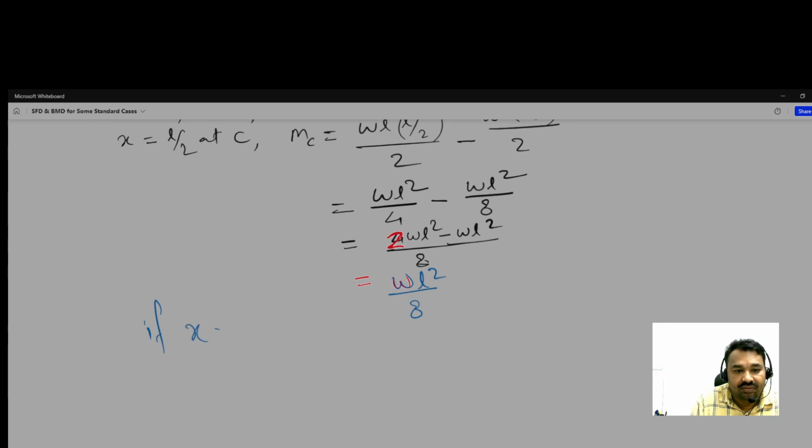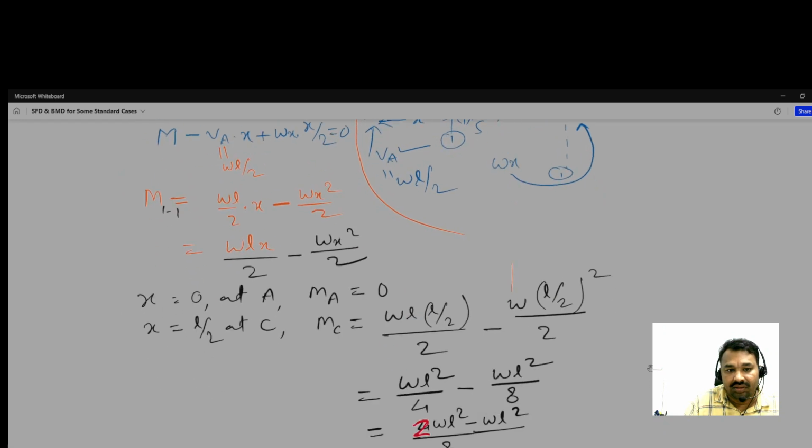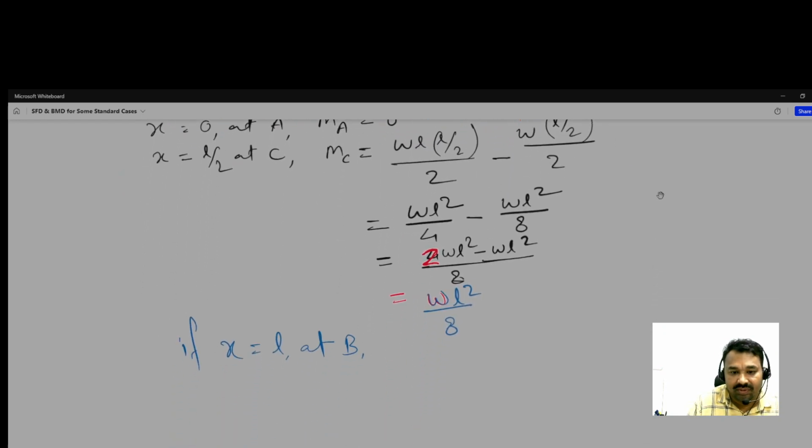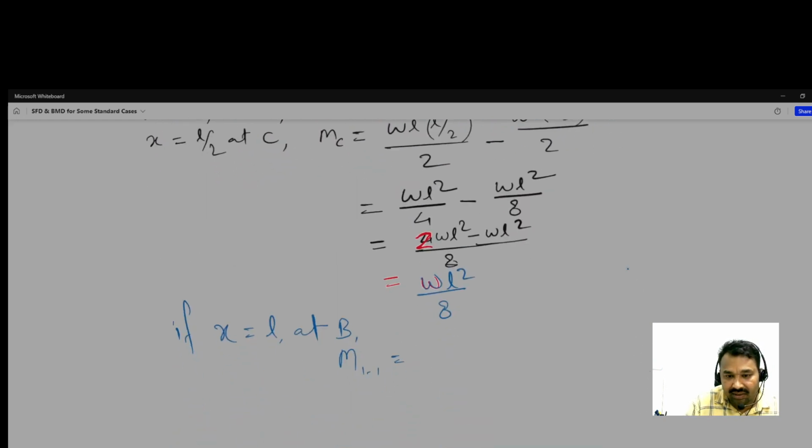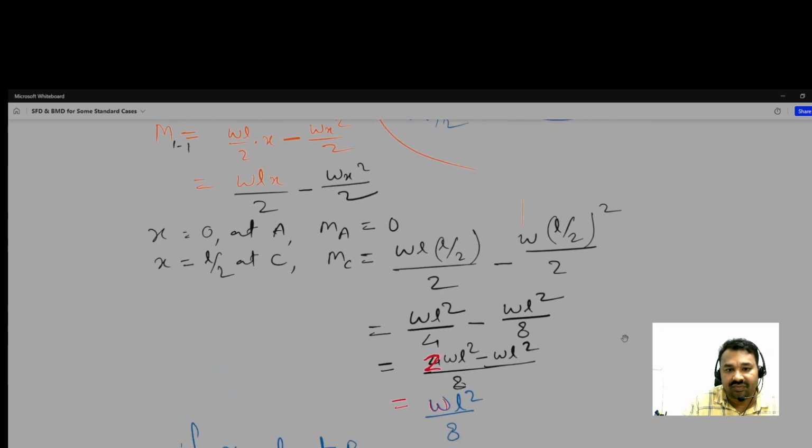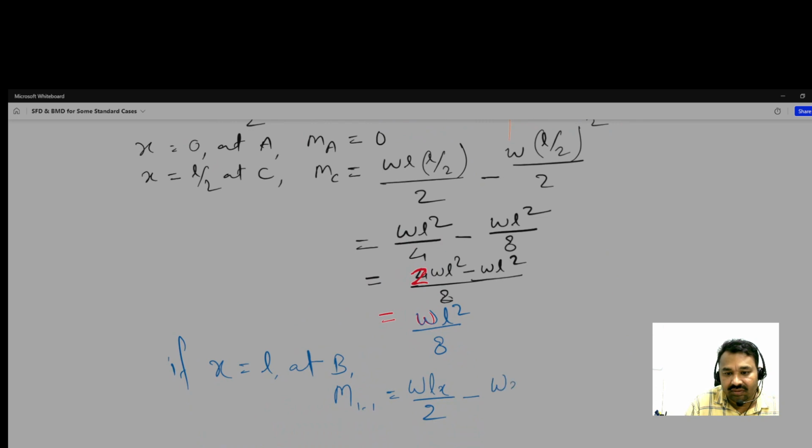And what about if X is equal to L, at B. So we have the moment MX about one section, that is WLX divided by 2 minus WX square by 2.